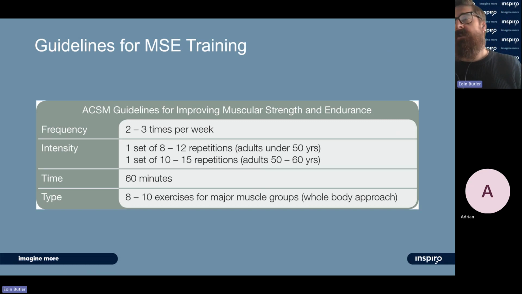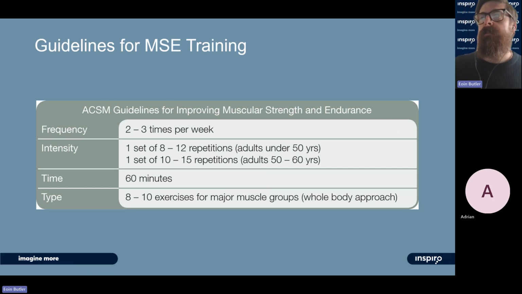So what I would do is scratch this and forget the adults under 50 or 50 to 60 and just say our intensity is 1 set of between 8 and 15 repetitions, depending on whether they're working strength, which would be 1 set of 8, or endurance, 1 set of 15. Okay, so I'm not a fan of that intensity there. What I would say is for our beginners, 1 set of 8 for strength clients, 1 set of 15 for endurance clients, and then we can build from there.